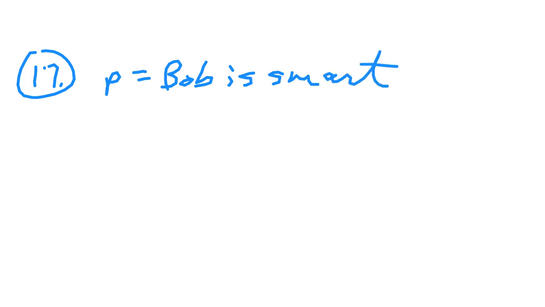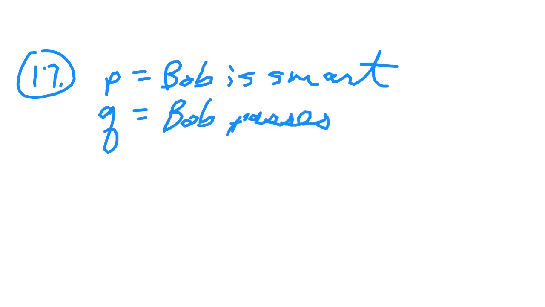Given above, P is the statement Bob is smart, and Q is the statement Bob passes the test. What we want to do is write number 17 in symbolic form.